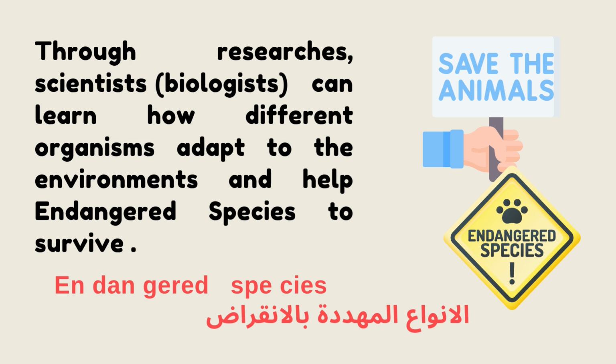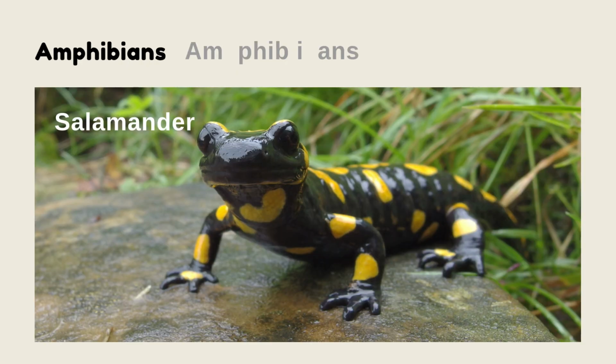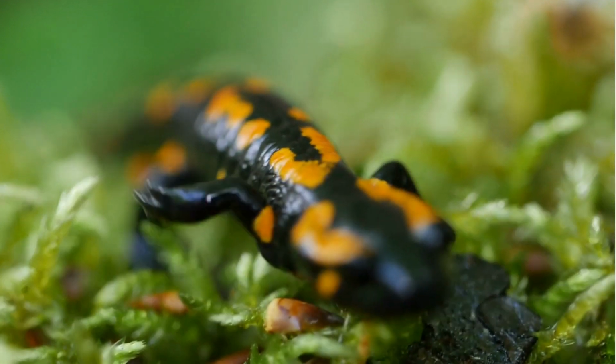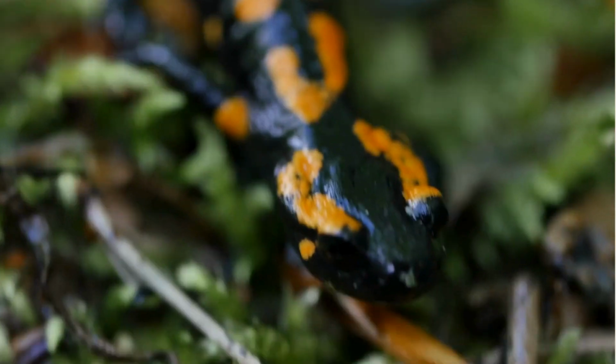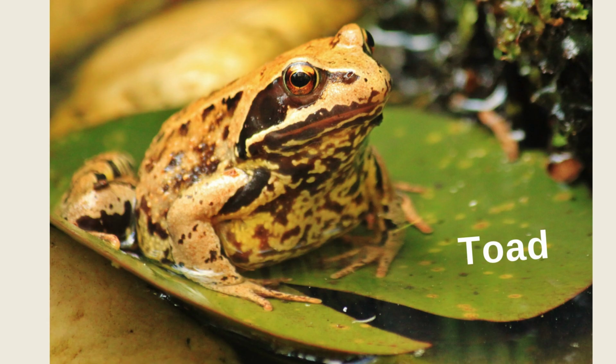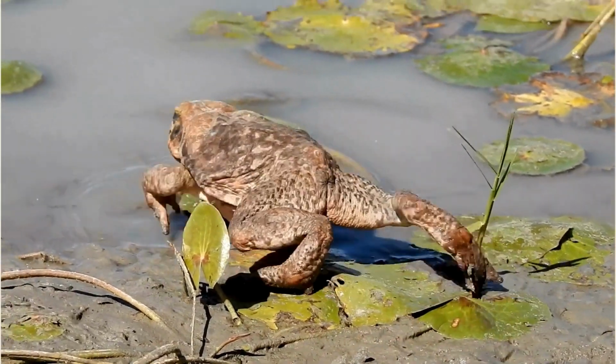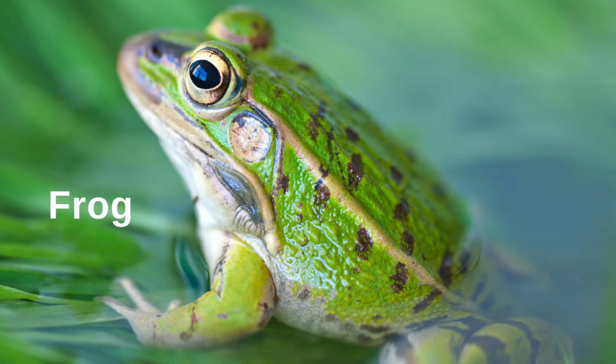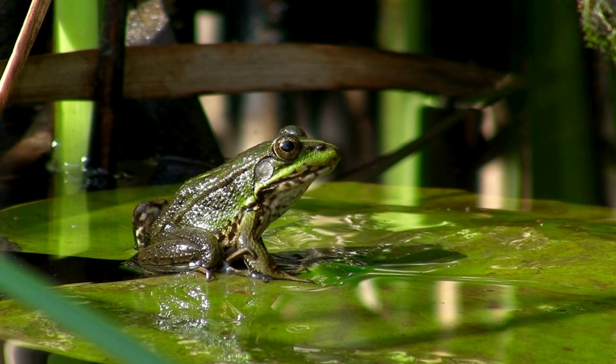And here is one of the research projects about amphibians that biologists do. Amphibians, as you see here, are animals like salamanders. This is a salamander, also the toad, and frog. Those are amphibians.